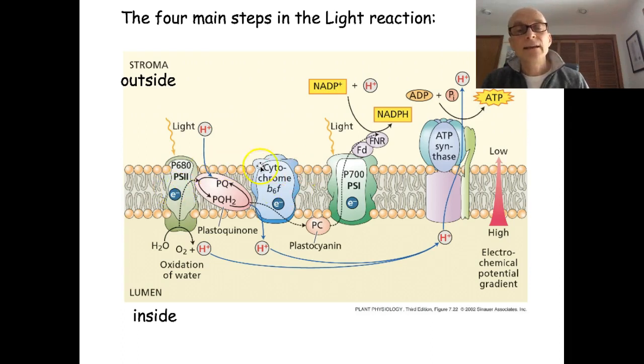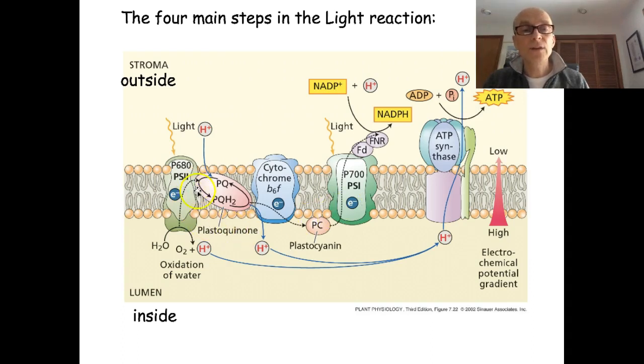And there's a complex called cytochrome B6F in the middle of this pathway. And then there's the photosystem 1. And then we have the ATP synthase. So what happens along these membrane complexes? There are some shuttles, electron shuttles in between that allow the flow of electrons from one to the next. And remember that I said at the beginning that electron flow is really nothing other than redox reactions.